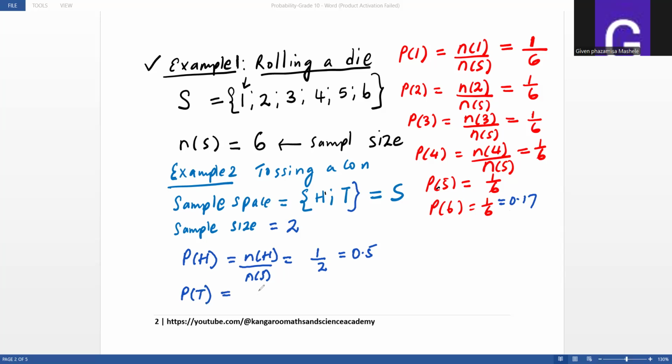It will be the number of tails divided by the sample size. How many tails are here? It's only 1 out of 2, which is 0.5. So I believe now you are able to calculate probabilities of an event. Okay. Right. Let's now move on.